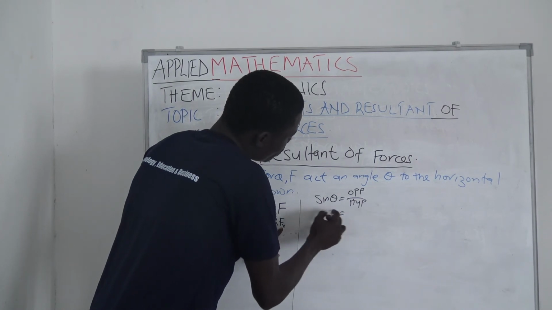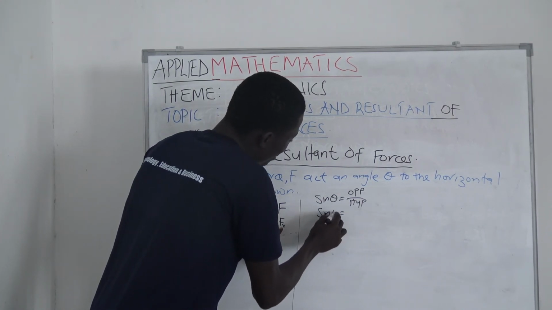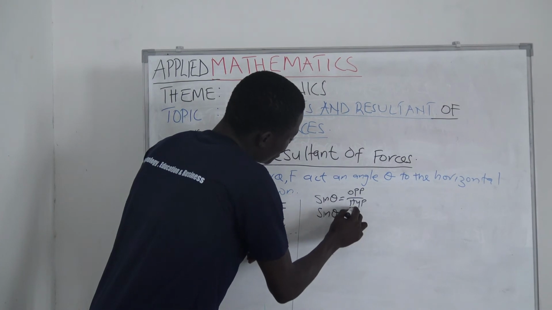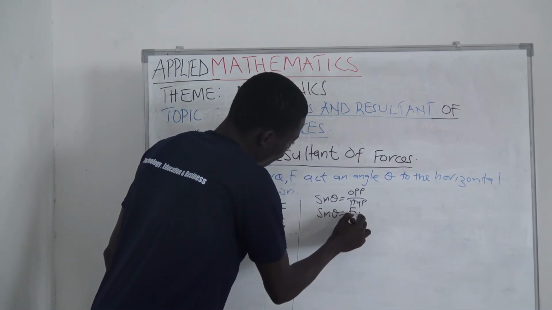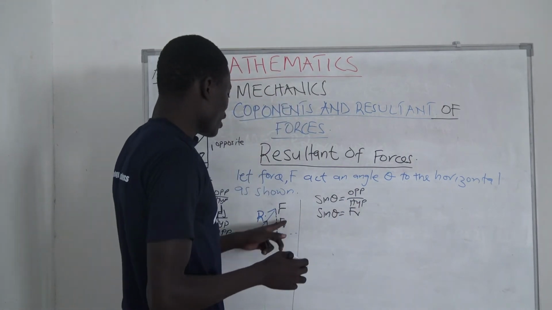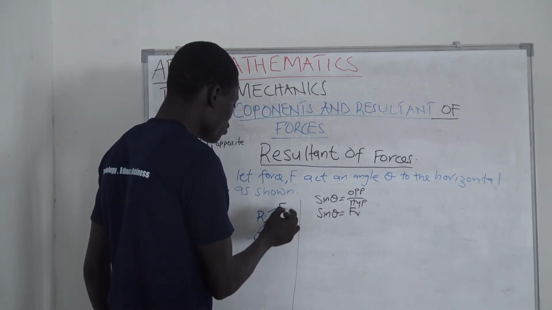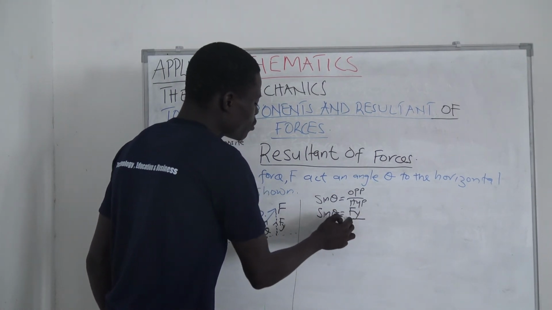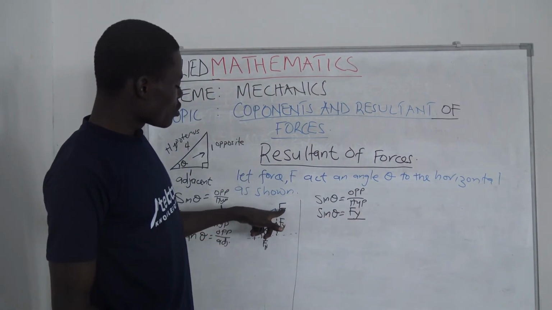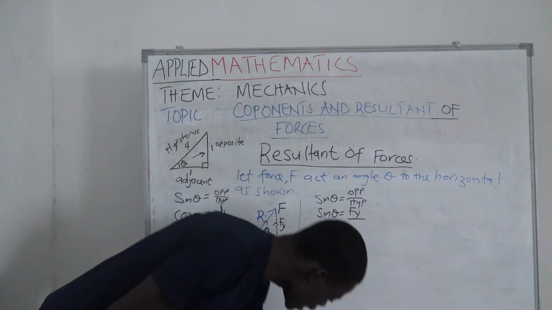Sine theta equals opposite, which is Fy, because it is going in the y direction, out of hypotenuse. Hypotenuse is the original force which we added.